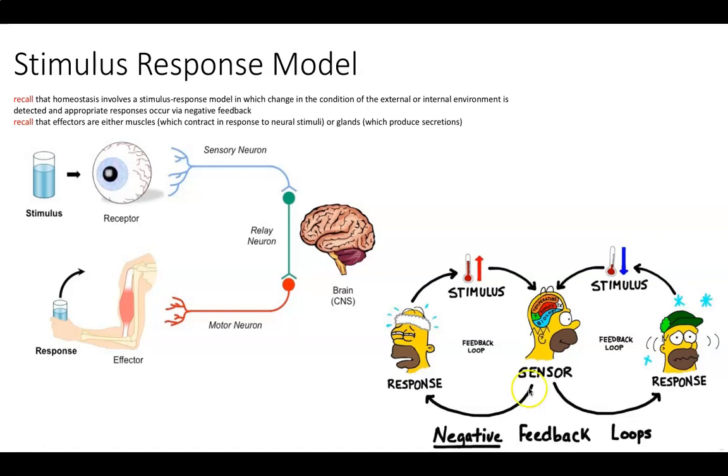But what happens if the body temperature declined too much? Well, we would get cold, and as a response to that, we'll need to start shivering. What's the opposite response to being too cold? We would start to shiver. That generates metabolic heat when we start moving and creating energy. Heat is a byproduct.